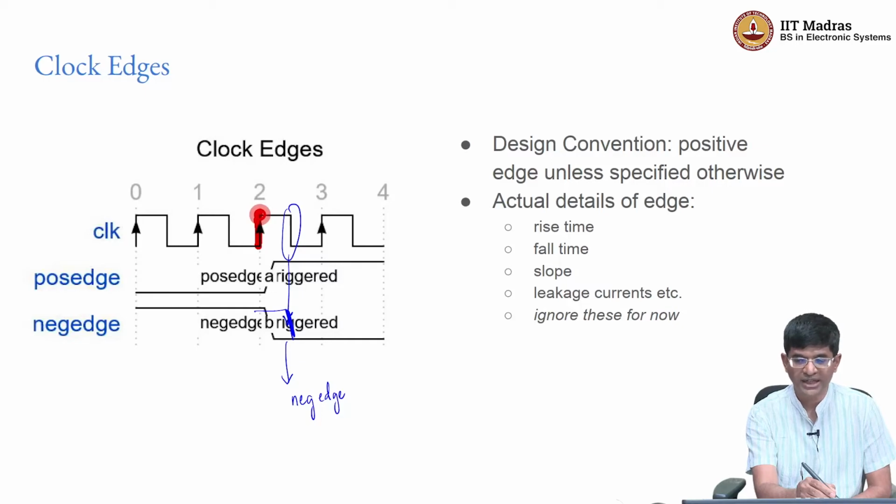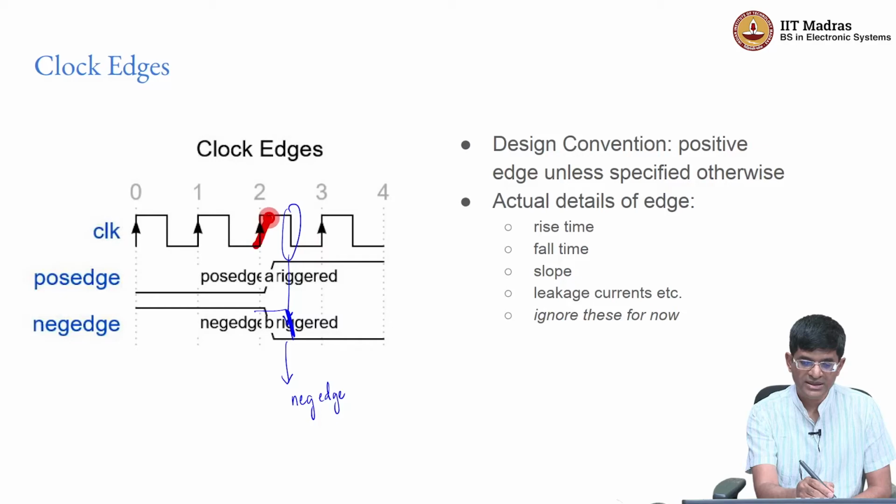That's not what happens in practice. There is always going to be some slope, some rise time, and correspondingly a fall time. There could also be overshoot, where the signal goes slightly above and settles down to its final value, and undershoot, where it goes below 0, actually going below the ground voltage temporarily, and the slope with which it transitions.